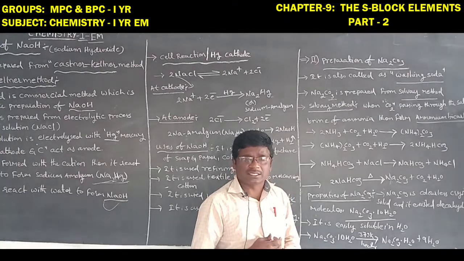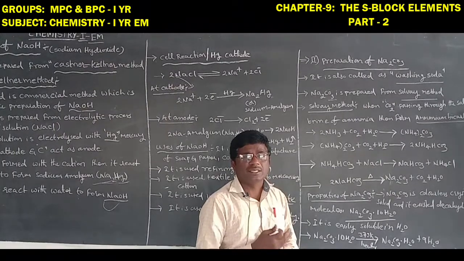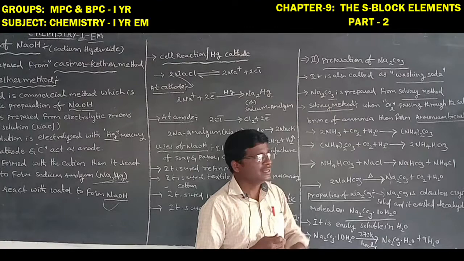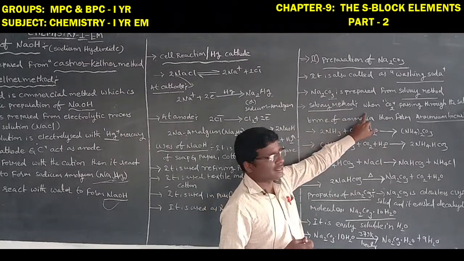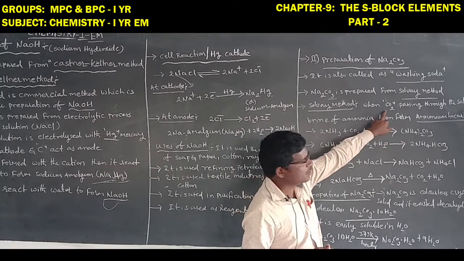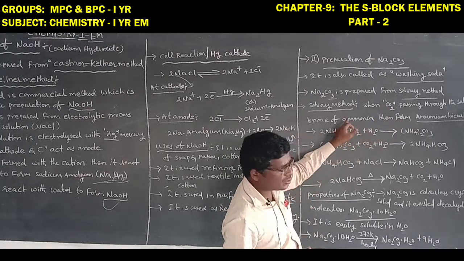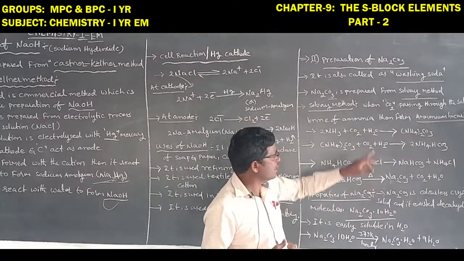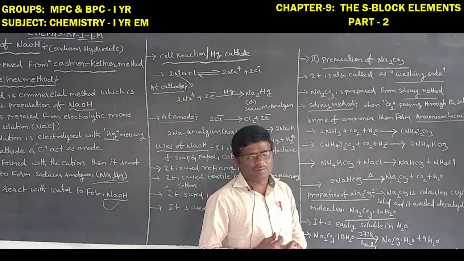Which process? The Solvay process. The Solvay process is used for the preparation of sodium carbonate. In this Solvay process, carbon dioxide, CO2, is passed through saturated brine solution of ammonia, and then ammonium bicarbonate is formed.